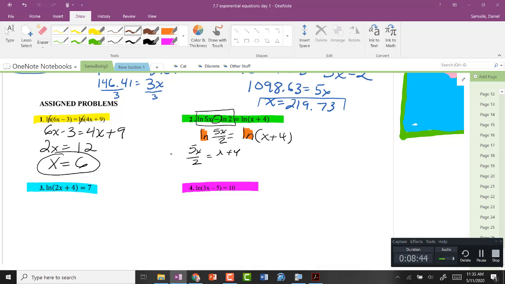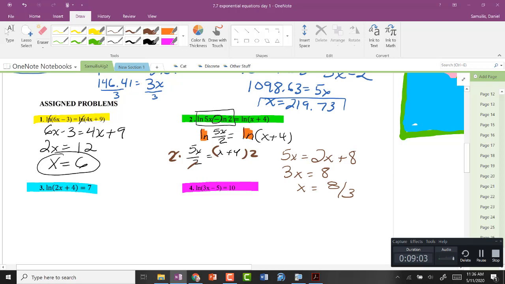We're going to multiply both sides by 2, which means the entire side gets multiplied by 2 so that the 2's cancel here. So we're left with 5x equals 2x plus 8. Subtract 2x. You get 3x equals 8. So x equals 8/3. Plug that back in, and we do not get negative, so that is my solution, 8/3.